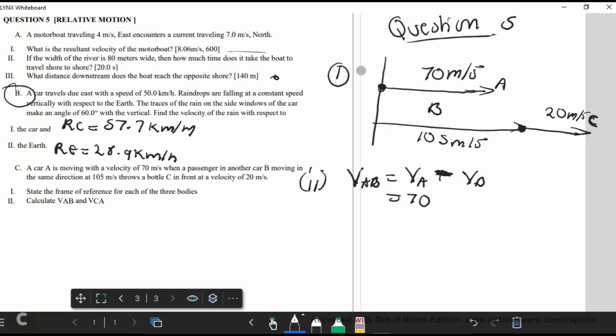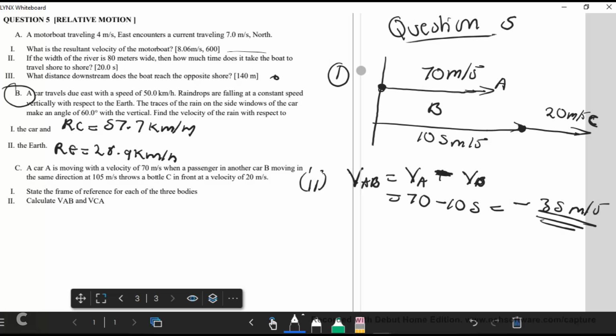So what's A? It's 70, minus what's B? It's 105. You find that your answer is 70 minus 105, which is negative 35 meters per second. This is your VAB.